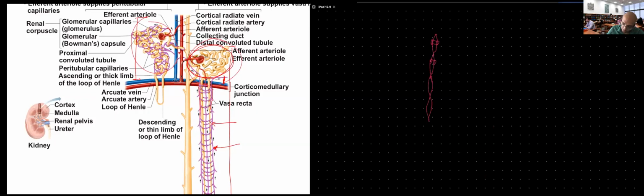So the first layer of the filtration membrane is formed by fenestrated endothelial cells. Those are the cells of my glomerular capillary. On the other side, I have the cells of the Bowman's capsule, and those are cells with foot processes. Those are what we call the podocytes.